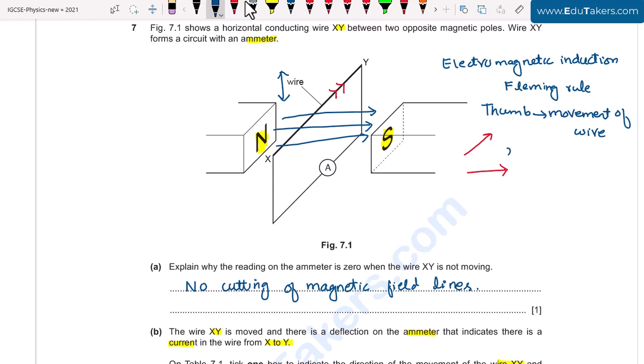If my second finger is in the direction of magnetic field, and my middle finger points in the direction of current.